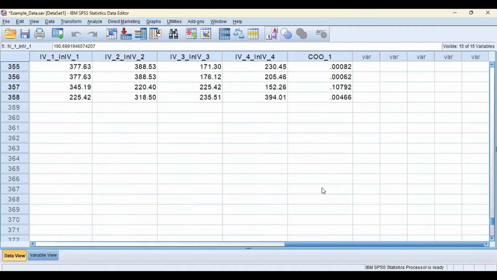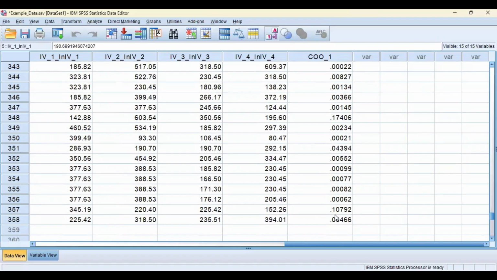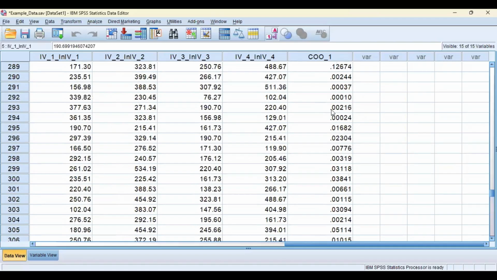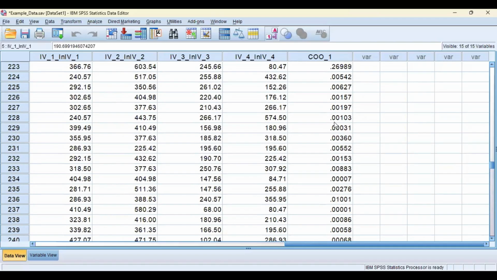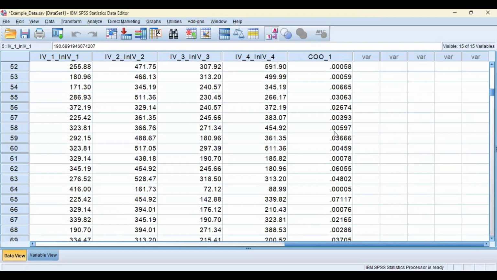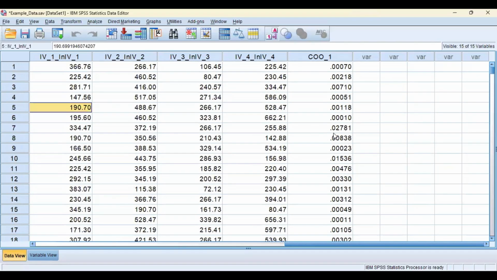But as you can see, I have no participant with Cook's distance above 1. All of these values are below 1. And that means that I don't have to exclude any of my participants from the data.